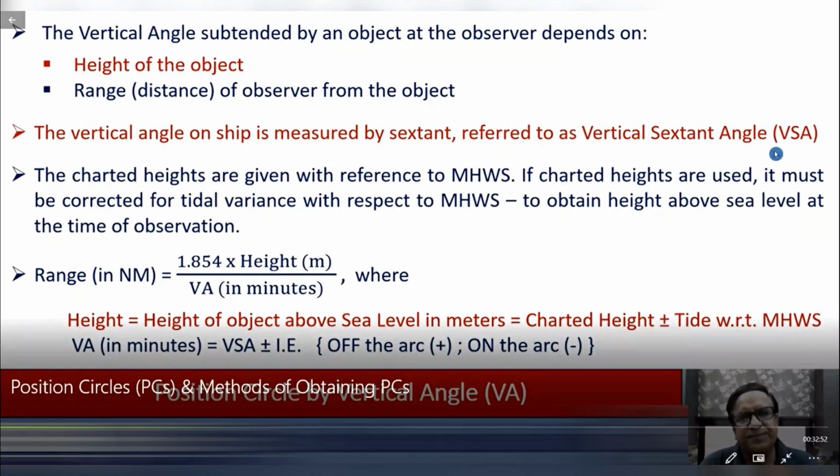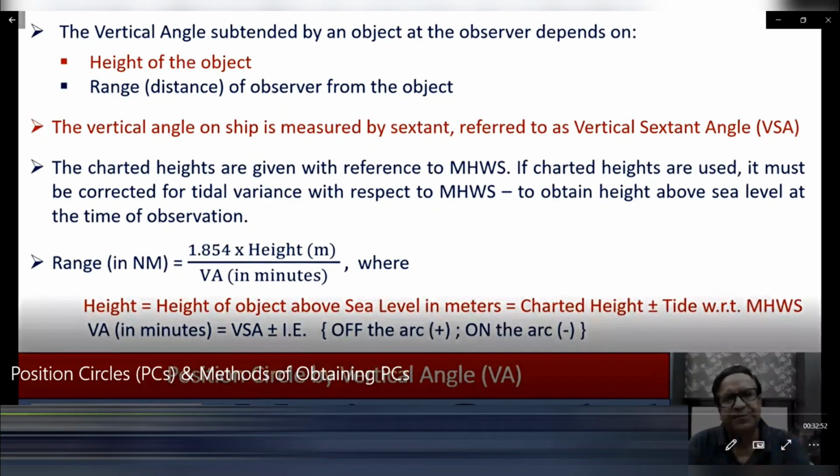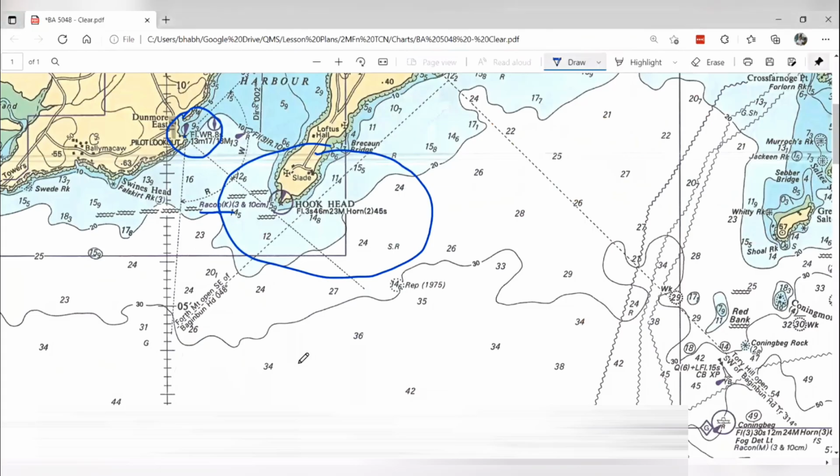Now, to find out our range from the object, we use this particular formula. Now, in this formula, we need to know the height of the lighthouse. So how do we obtain this height of the lighthouse? Let me show you on the chart. Let's go back to the lighthouse which we saw.